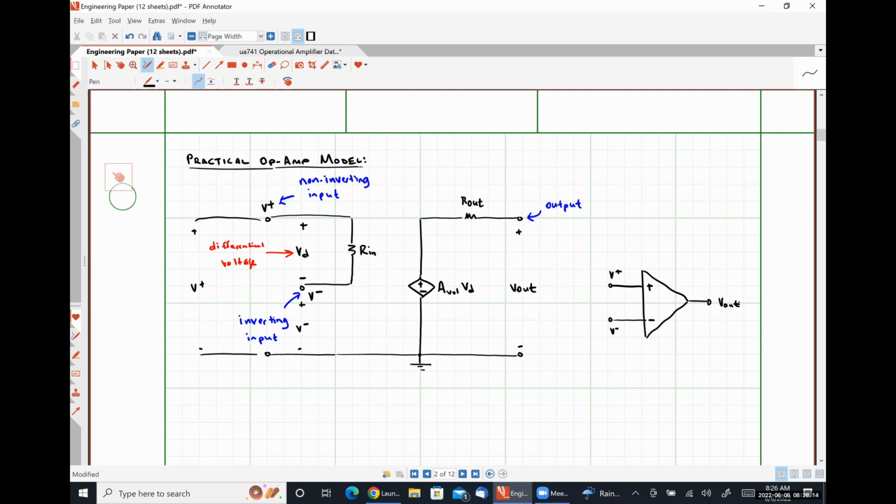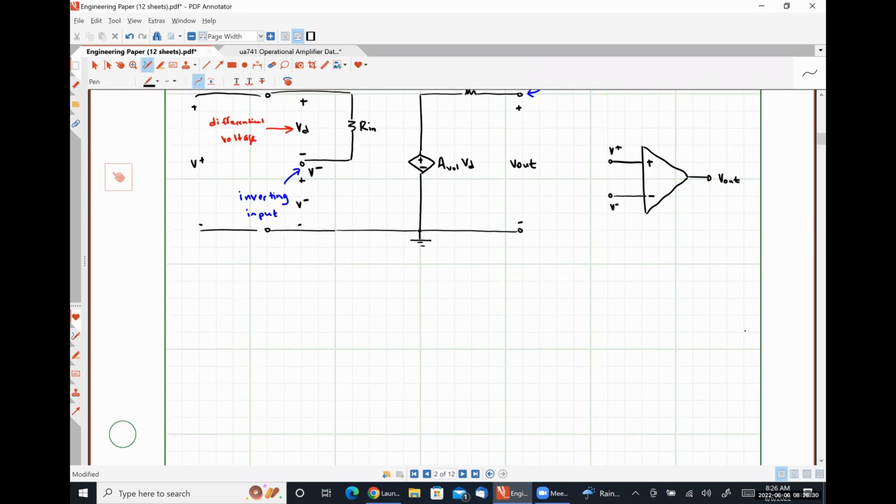So what I would like for us to do now is to work a simple example problem to introduce some of the limitations of this model. Okay.